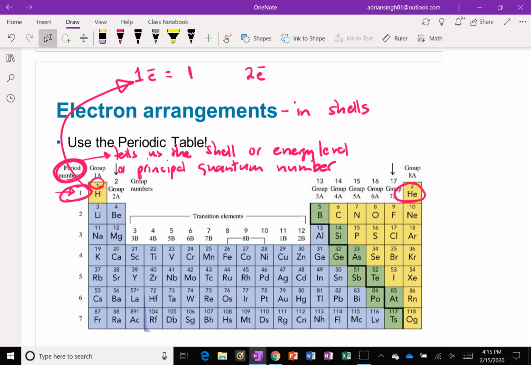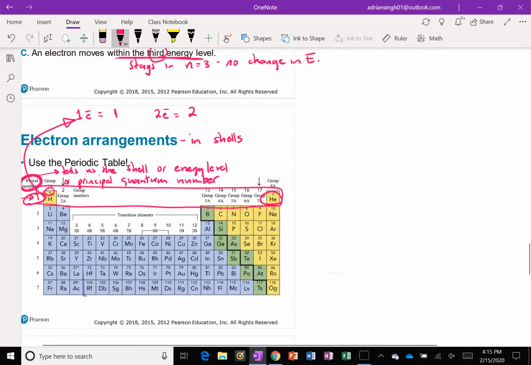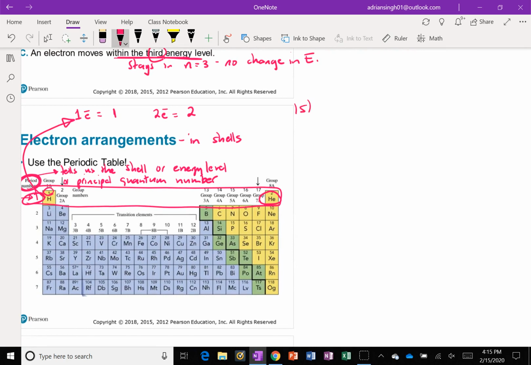So for 2 electrons, like helium, the electron arrangement will be 2. So the first energy level, which is the first period, can only accommodate 2 electrons.